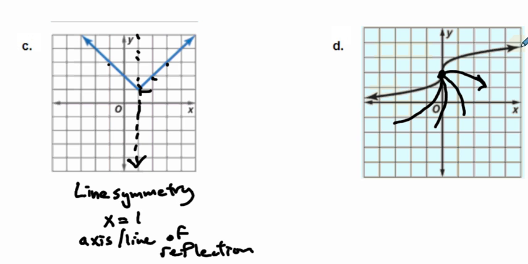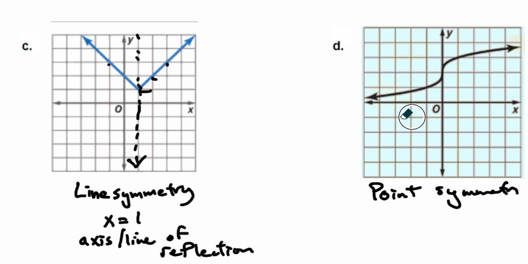And then it's going to wind up like this. So this has what we're calling point symmetry, and it has point symmetry about that point we identified right here. So the point that's giving us our symmetry is this point right here.